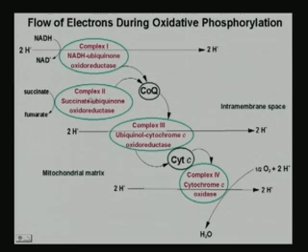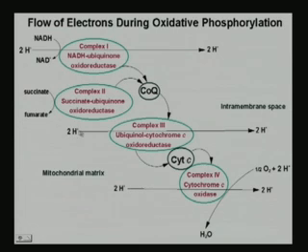Here FADH2 is also transferring the electron to ubiquinone, and ubiquinol is once again transferring to complex 3. From complex 3 it goes to cytochrome C, cytochrome C to complex 4, and in complex 4 the oxygen molecule is reduced and water is produced. And during this process, in complex 1 protons are being pumped out.